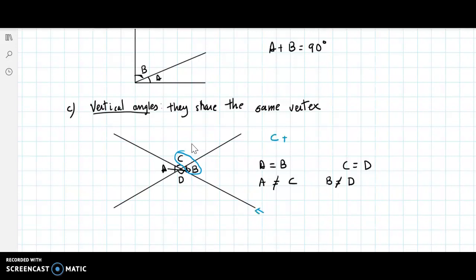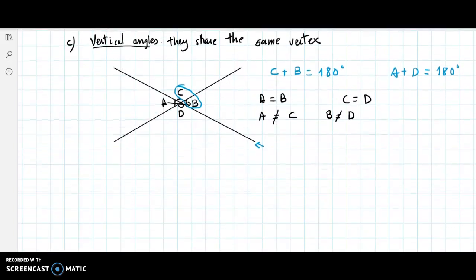So C plus B is 180 degrees. So they are supplementary. And the same for A and D. A plus D are 180 degrees, so they are supplementary, but not equal. Okay?